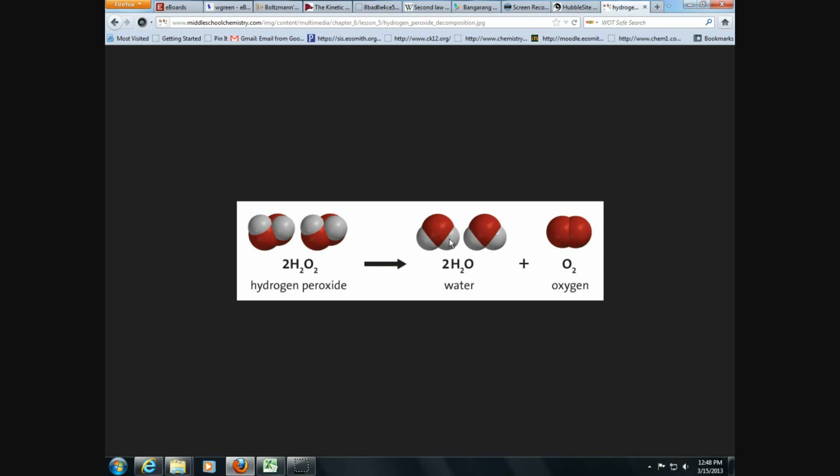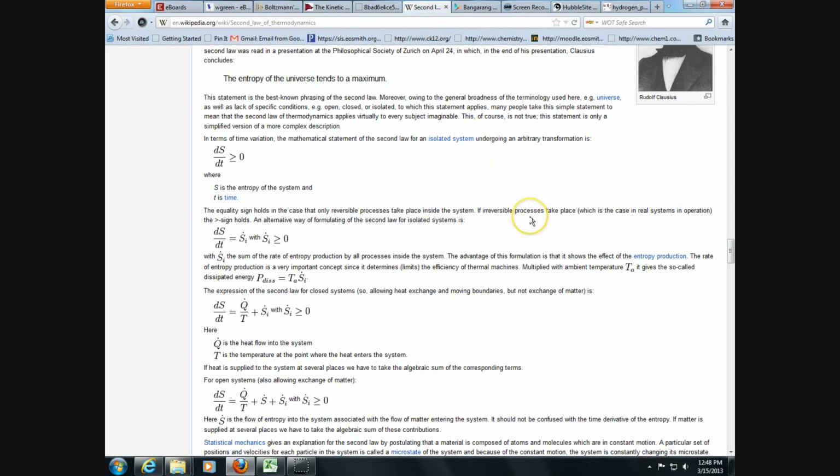The last thing I want to talk about with respect to entropy is the so-called second law of thermodynamics. The second law says that basically the entropy of the universe tends to a maximum. In any particular process, the entropy of a system, a reaction system or an object, can either go up or down, and it generally changes the entropy of its surroundings as well.